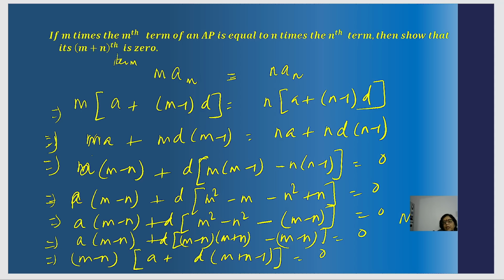But m minus n cannot be equal to 0 because m is not equal to n. So the only other option is a plus d into m plus n minus 1 is equal to 0. That means the m plus nth term, this is the expansion in the general term formula for the m plus nth term, is equal to 0.